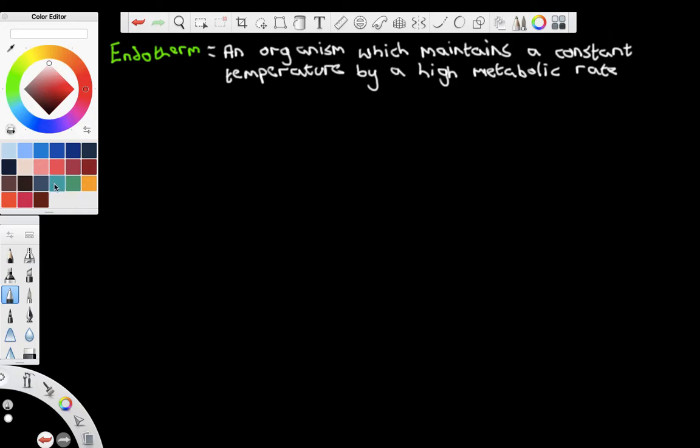Now what we mean by a metabolic rate is the chemical reactions that take place within the organism. Okay, so the metabolic rate is the chemical reactions inside all cells of the organism.